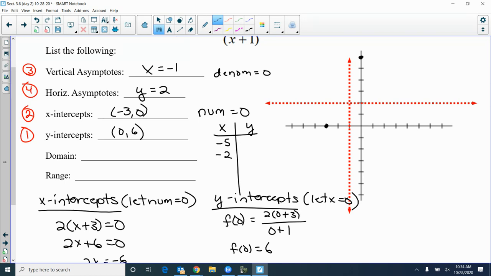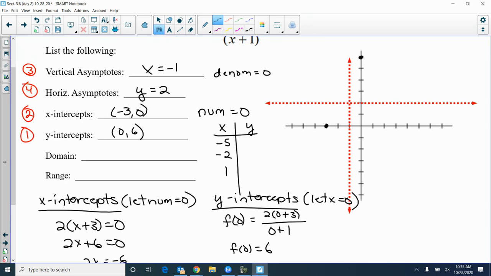All right, and then what else? You need to pick 1 point on the other side. We already know where the y-intercept is. So pick a point to the right of the vertical asymptote, but not 0. So I'm just gonna go to 1. Plug in those 3 numbers and see what you get back from your equation. A lot of times they're gonna be fractions or decimals, you're not gonna get nice whole numbers. Really watch the signs.